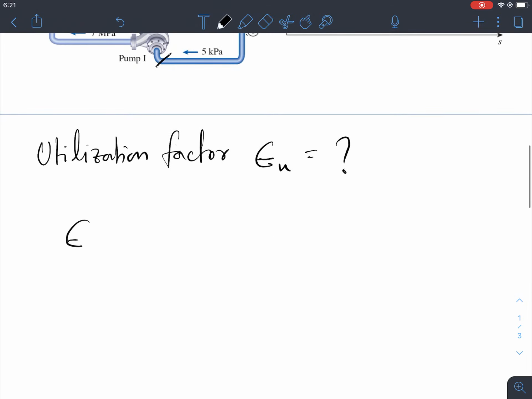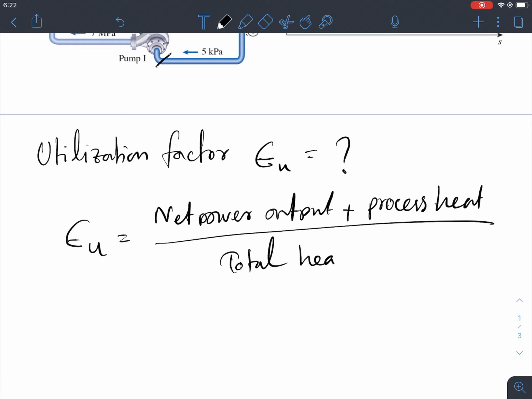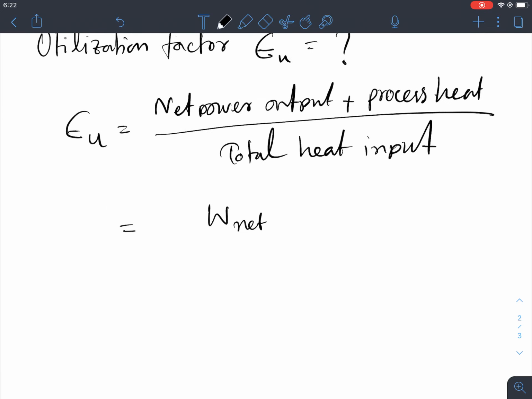So basically the utilization factor equals net power output plus process heat, right? So how much process heat is delivered, divided by total heat input, right? So basically net power output equals W net, plus process heating, which we express as Q_P, divided by Q in, right?